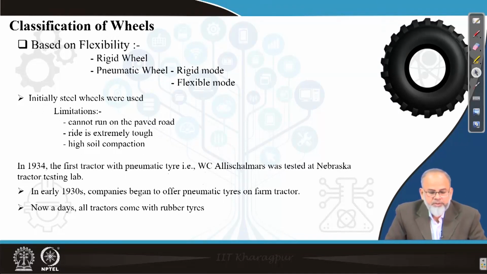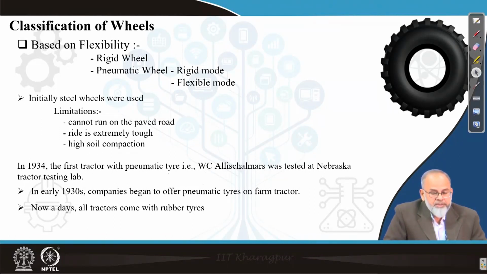When we talk about wheels, wheels could be a rigid wheel, wheels could be a pneumatic wheel. Again, a pneumatic wheel can be divided into two types: a rigid mode of operation and a flexible mode of operation. When I say rigid mode of operation, that means the ground doesn't have sufficient strength to support the wheel.